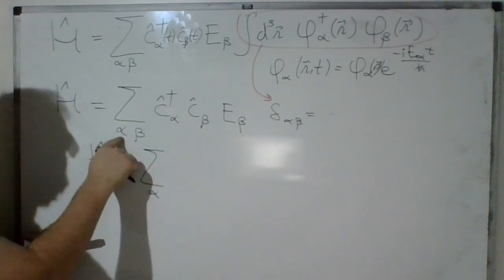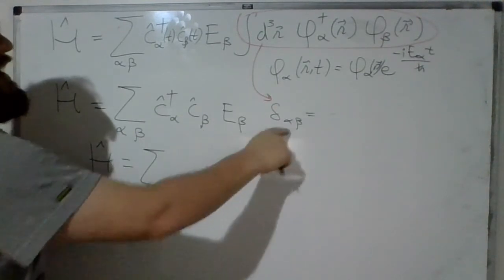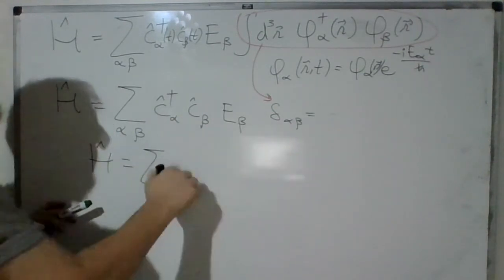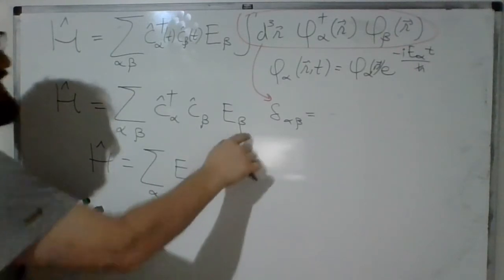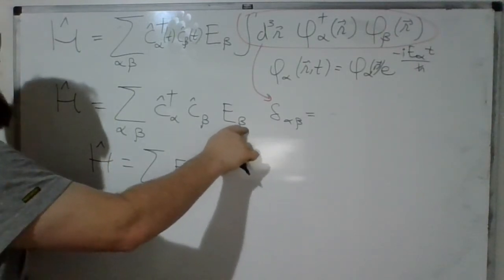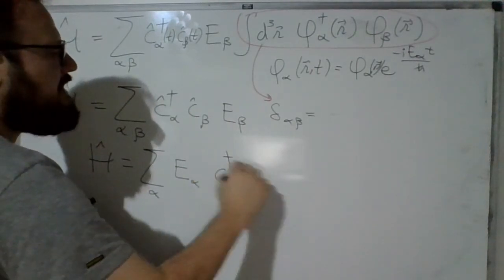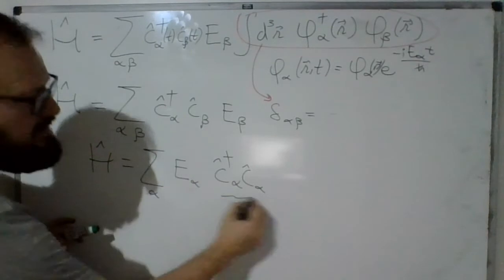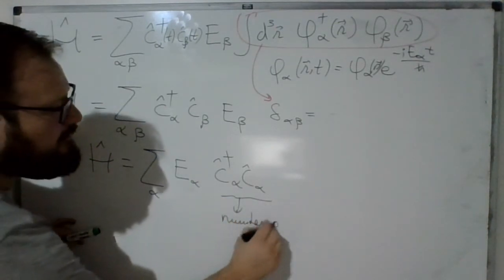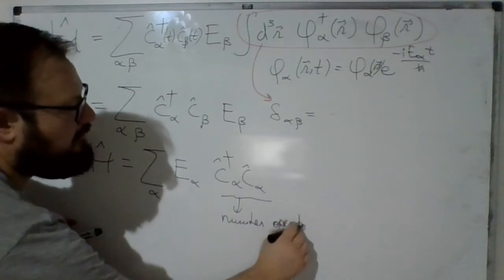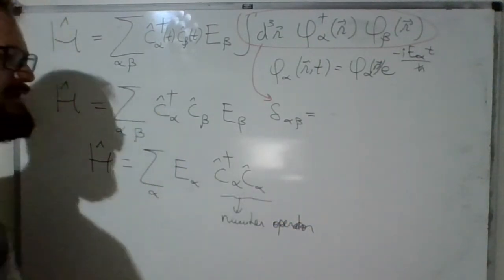You just keep the summation over alpha and replacing beta by alpha. Okay, so what do you have at the end? E alpha, because you need to replace beta by alpha. C dagger alpha, C alpha, they are operators, but it is just a number operator. Okay, a second quantized number operator.